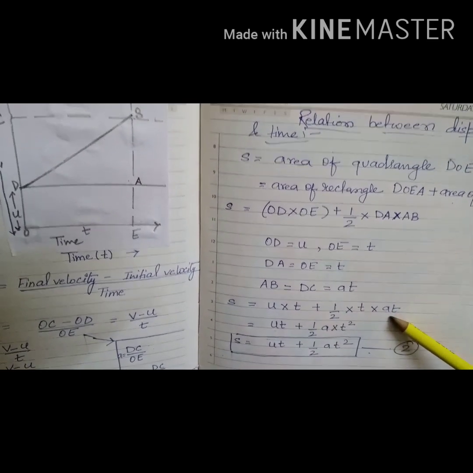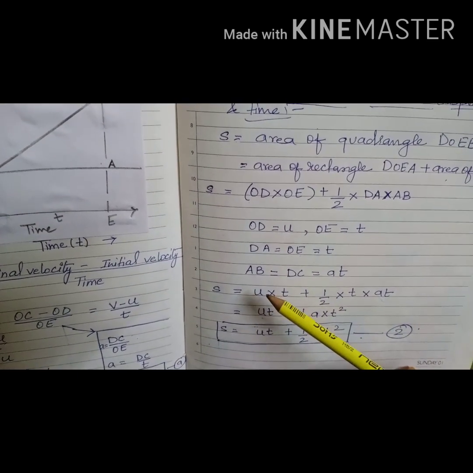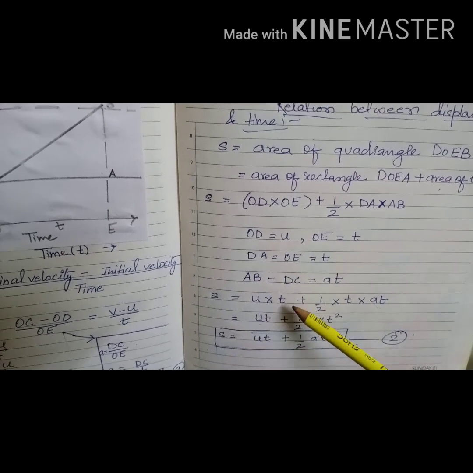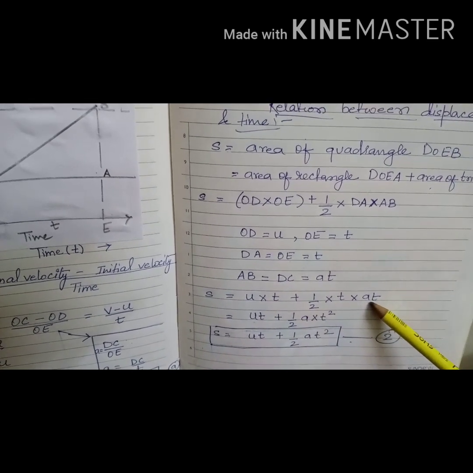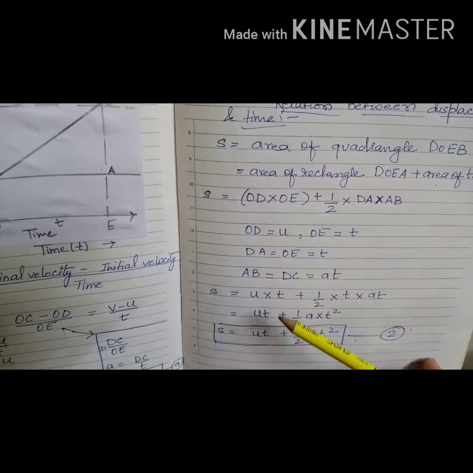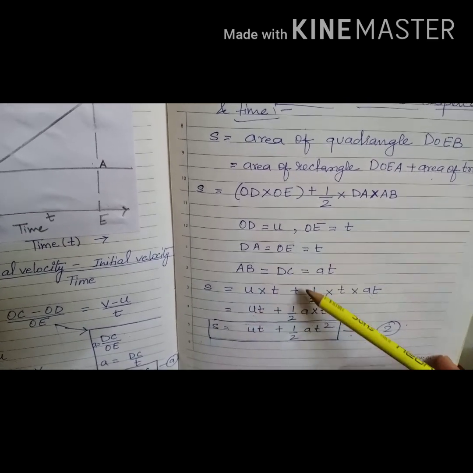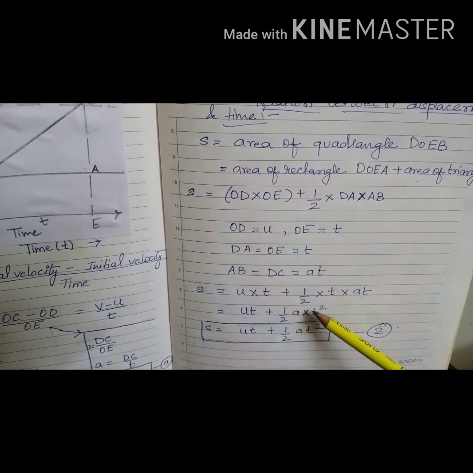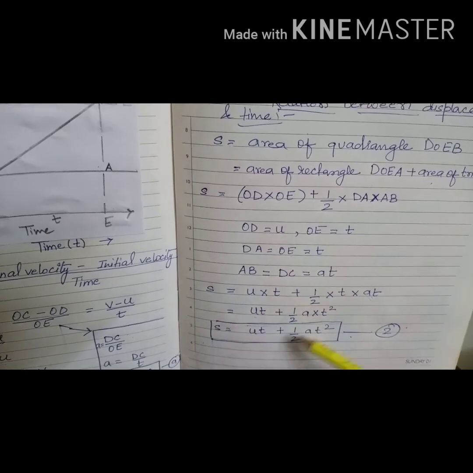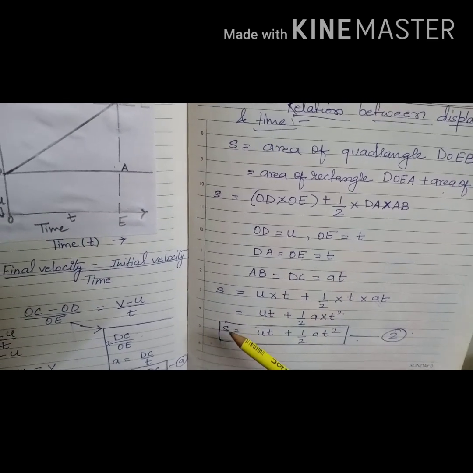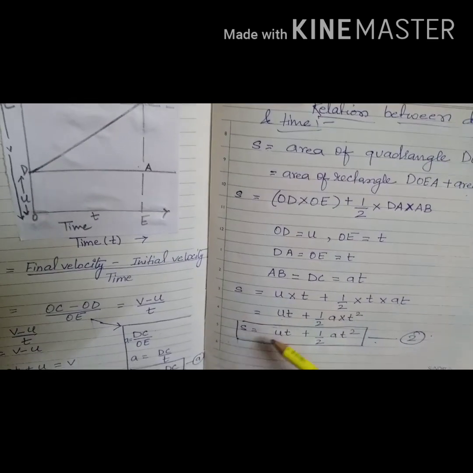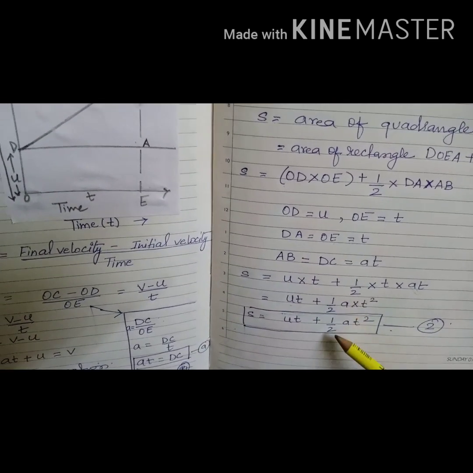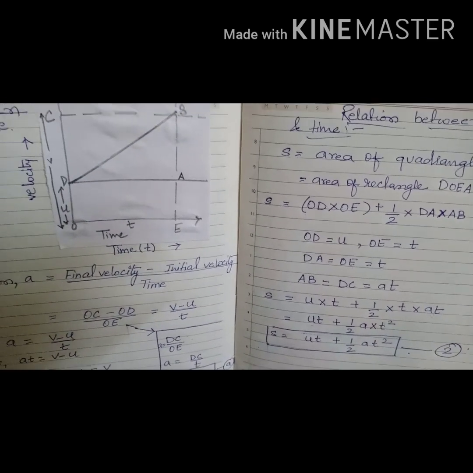So I have written, you can check it nicely. Now UT plus half A and T into T, it is T square. So rearrange everything, you will get the second equation, that is S equals UT plus half AT square.